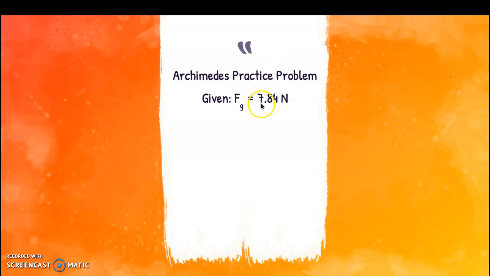Okay, so we're going to do a similar problem here, and we are going to assume that we are given a crown that has a force of gravity, or a weight, of 7.84 newtons. When we put that crown underwater, that crown has an apparent weight of 6.86 newtons.